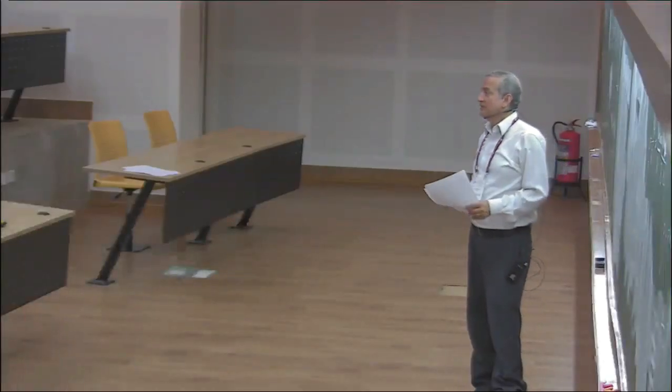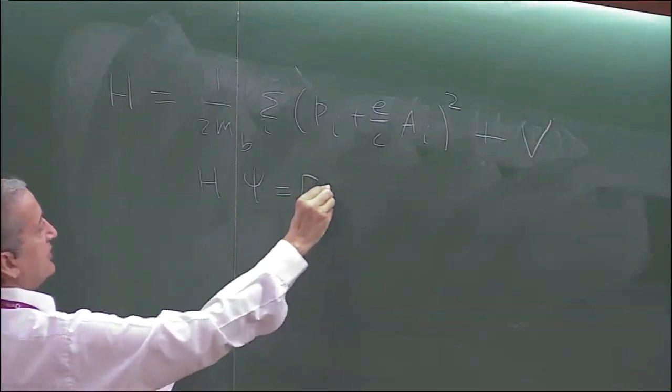So this is our Schrodinger's equation, and we are going to make a singular gauge transformation, which is defined by this formula here.